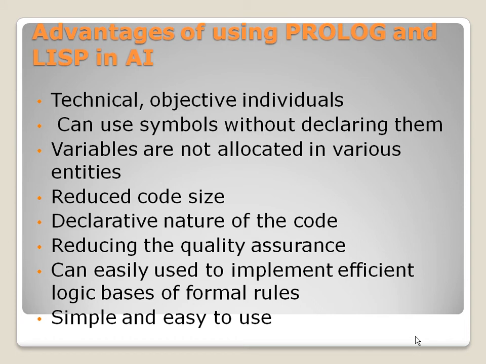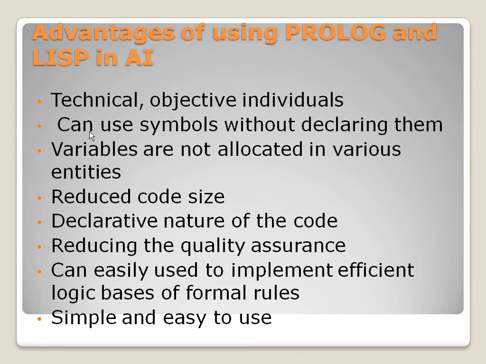Advantages can be divided into several parts, and we are specifically talking about technical and objective ones. They can use symbols without declaring them, so the complexity of the program will be reduced and understandability will be high.